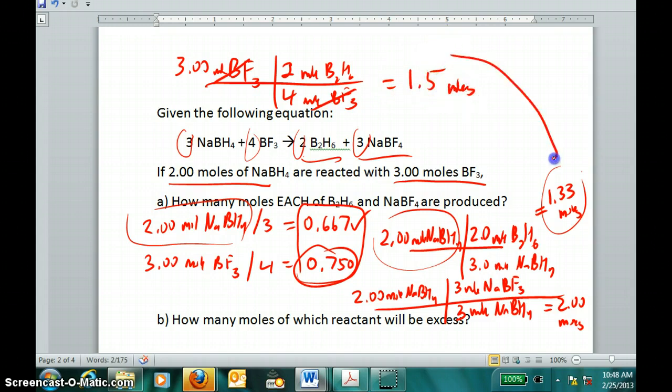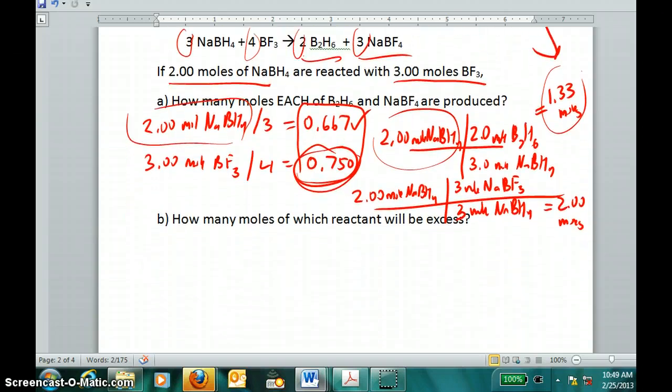Now compare that to how many moles we get using the limiting reagent. It is more. So yes, we are getting more product than we could actually get. We would have run out of hydrogen long before we ran out of boron and fluorine. So no, never use the reagent that's not limiting. You will get amounts that exceed what you can actually produce.